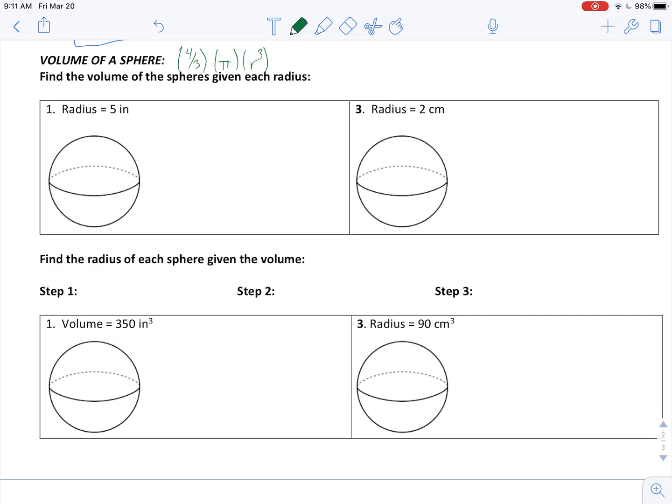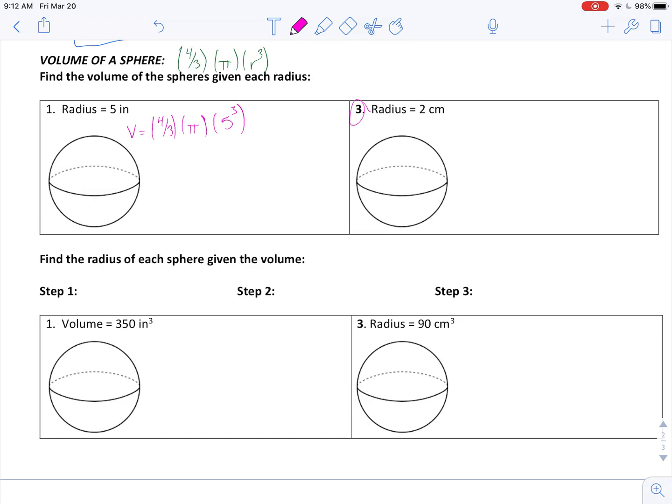Where's that radius length going to go? Well, radius is going to go in for r. So our volume here is going to be 4/3 times pi times 5 cubed. R is 5.